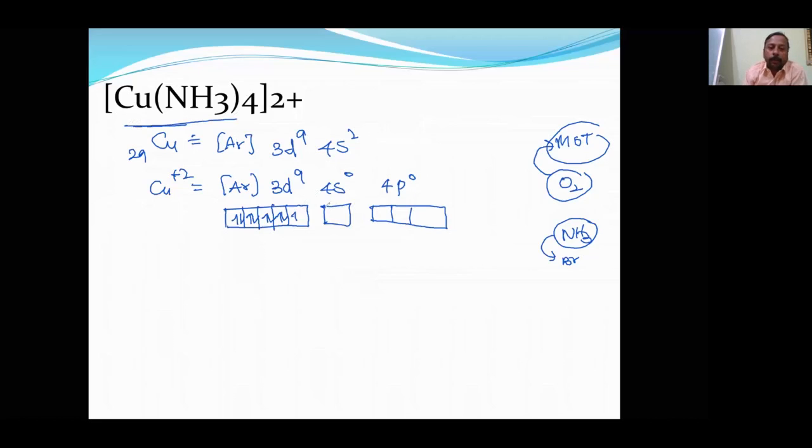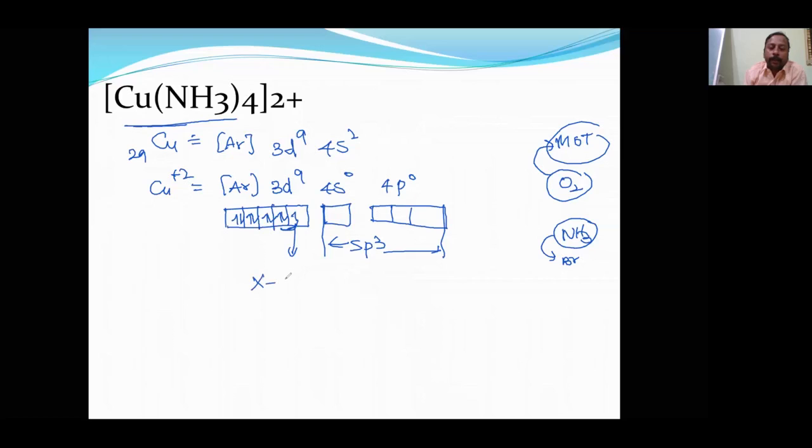Now see here, the hybridization has to be sp3. There is no chance otherwise, and magnetic nature is paramagnetic. If we consider this a strong field, even though it should pair, there is no chance of pairing. So everybody was thinking tetrahedral paramagnetic.